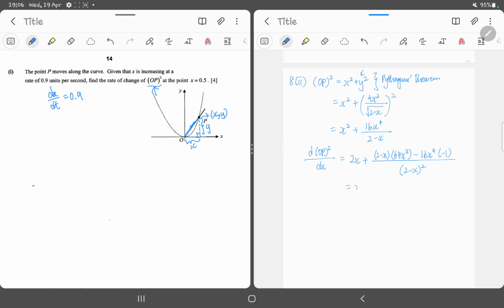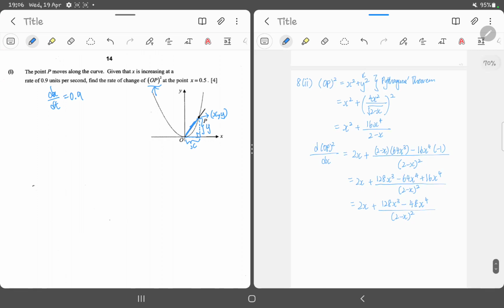Okay, so this gives us 2x plus 128x cubed minus 64x to the power of 4 plus 16x to the power of 4 over 2 minus x whole thing squared. So this is equals to 2x plus 128x cubed minus 48x to the power of 4 divided by 2 minus x whole thing squared.